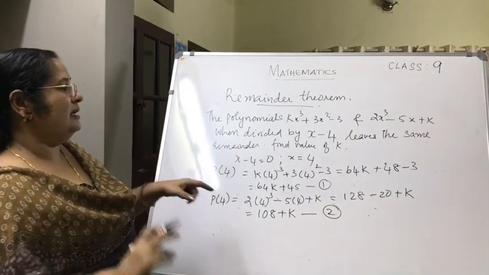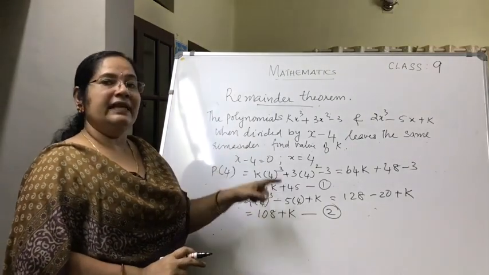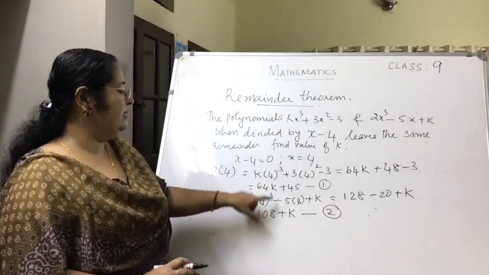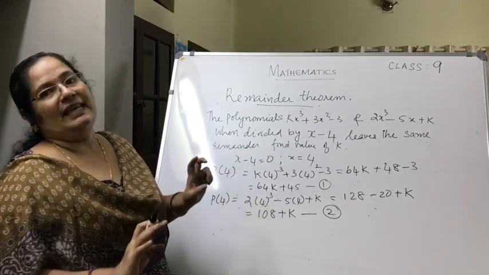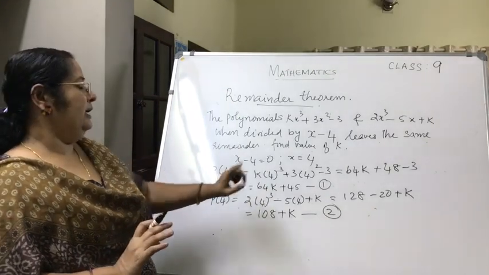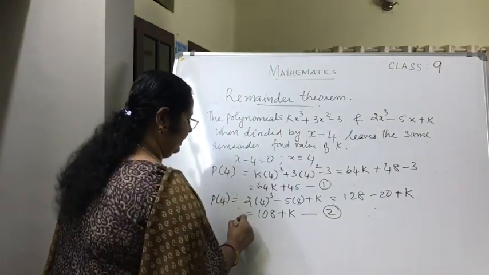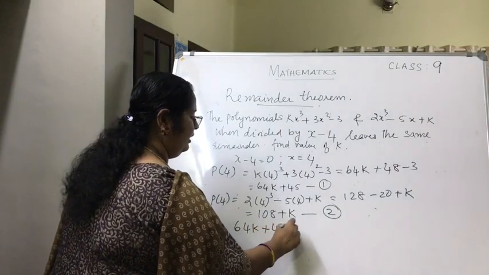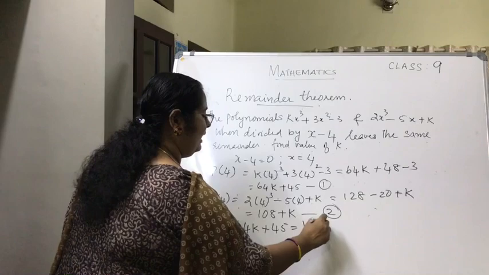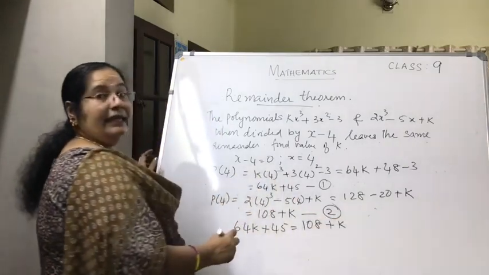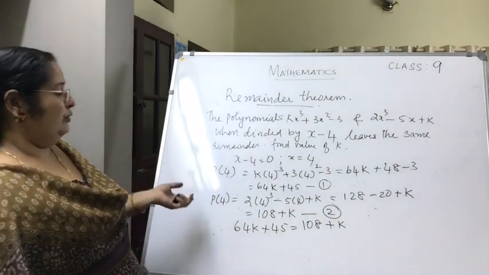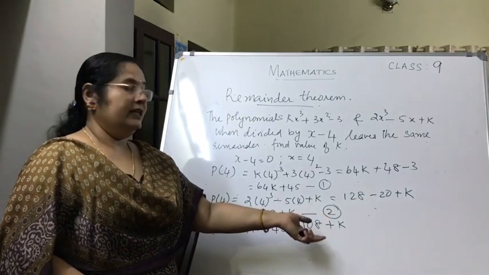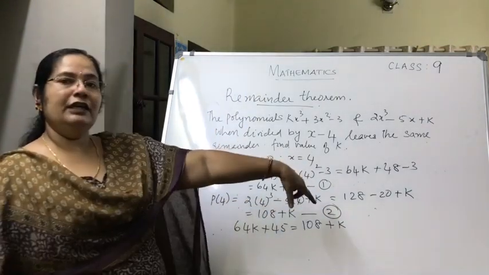Now what is the question? Both of them leave the same remainder, means both these remainders are the same. So what should you do? Equate the remainders. What are we getting? 64k plus 45 will be equal to 108 plus k. Now you are going to transpose k to this side and 45 to the other side.